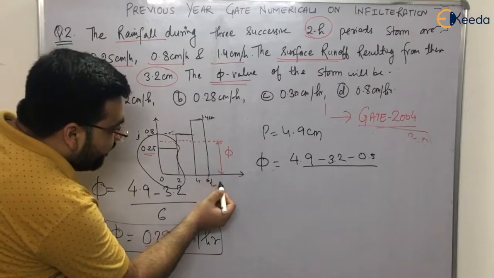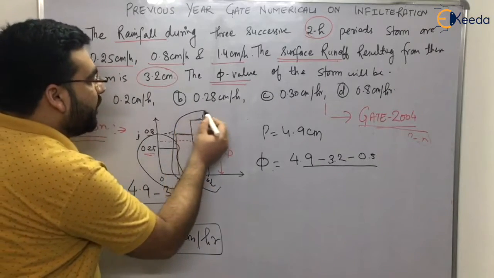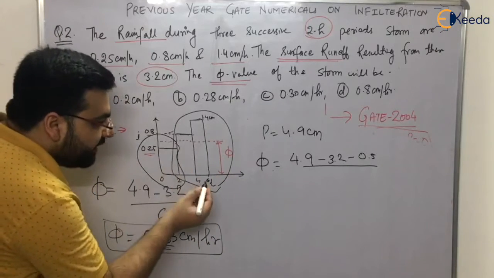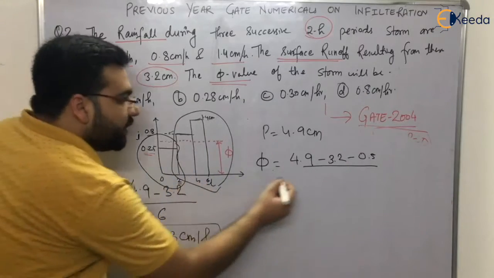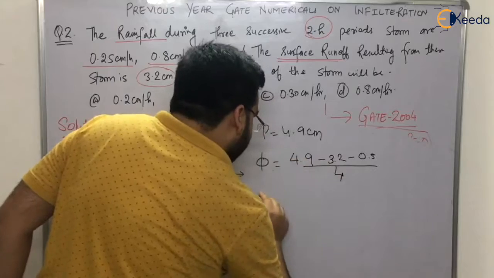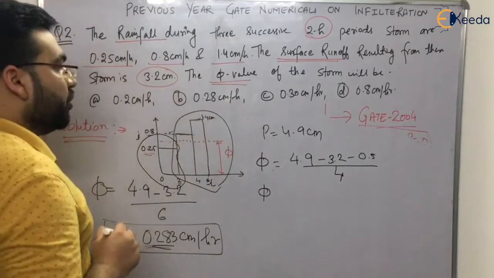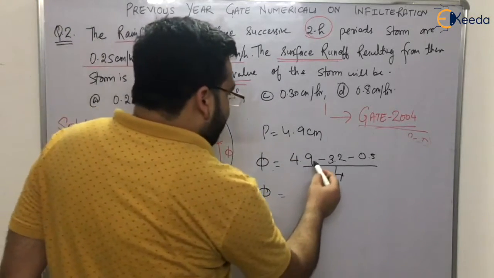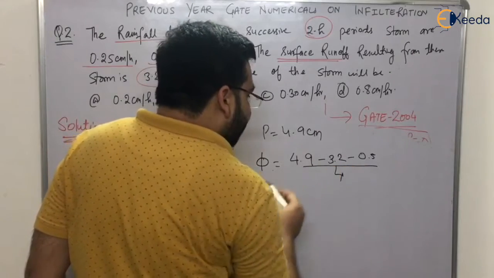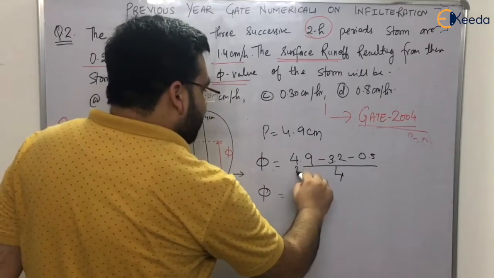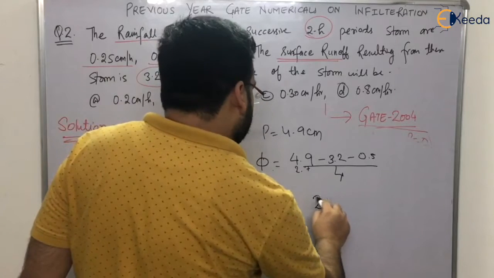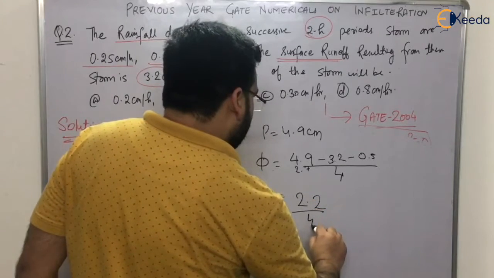So I will only take the remaining values into consideration. It means that the time will be equal to 6 minus 2, which is 4 hours. Simple. So if you solve it, you will get 4.9 minus 3.2 minus 0.5, divided by 4.